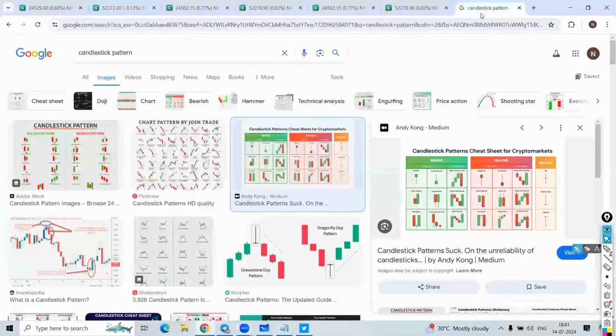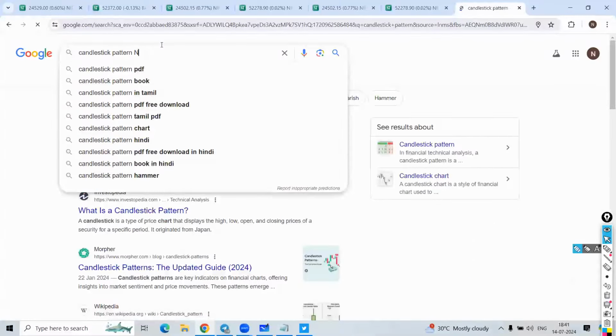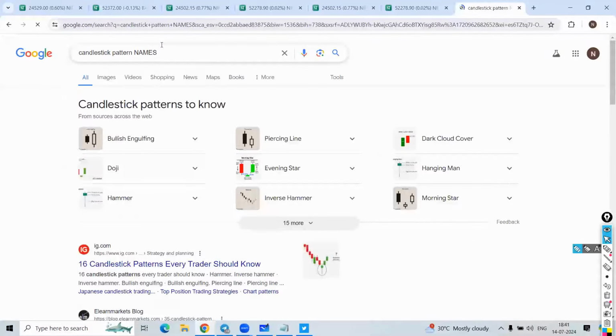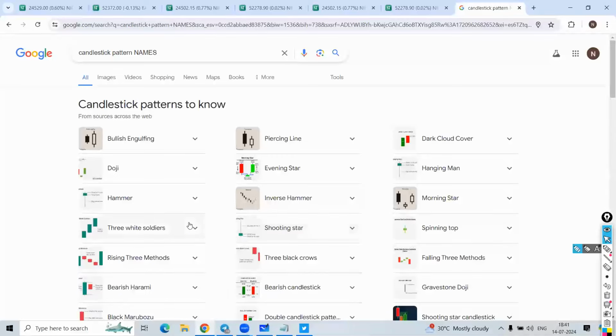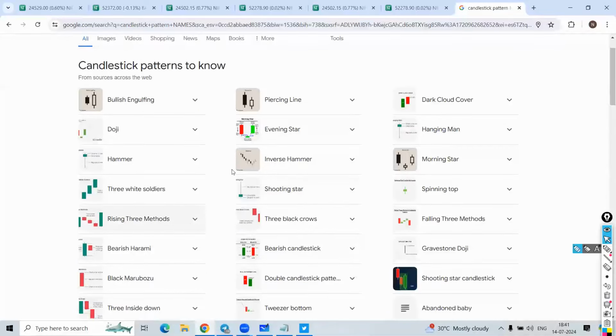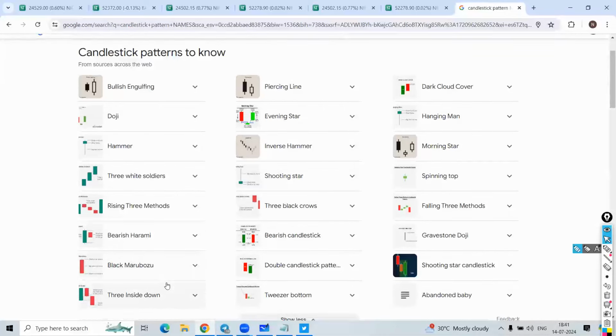If I go and search for candle pattern names, I will get a list. Look at this array. Almost 24 names over here. Google is telling me 24 names. Candle pattern names, 24 candle patterns.